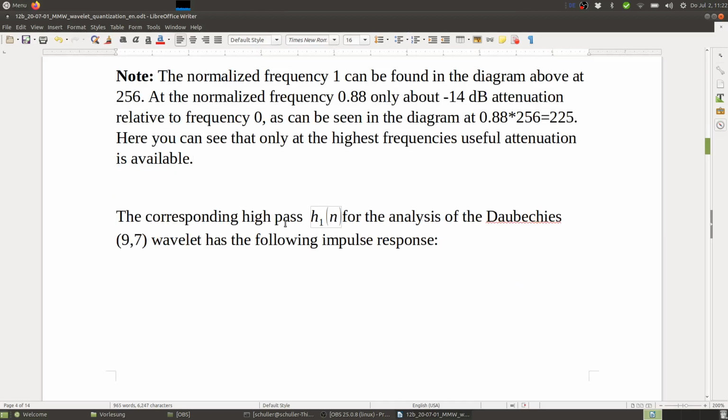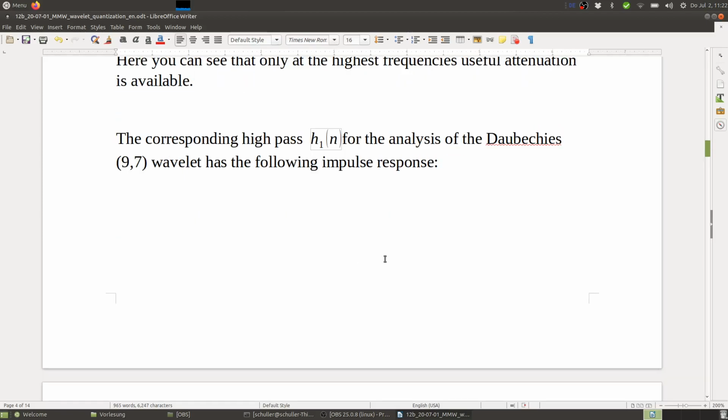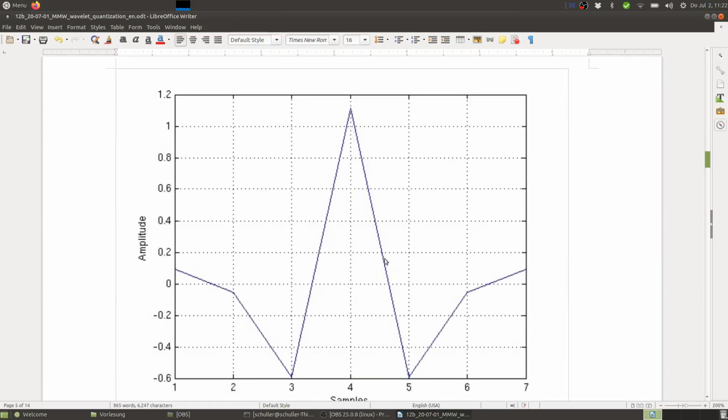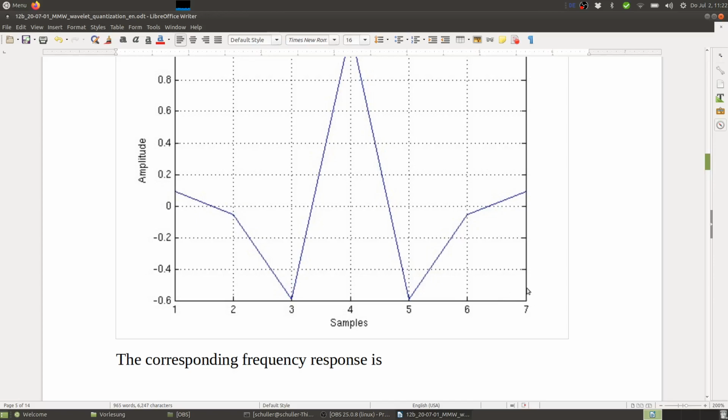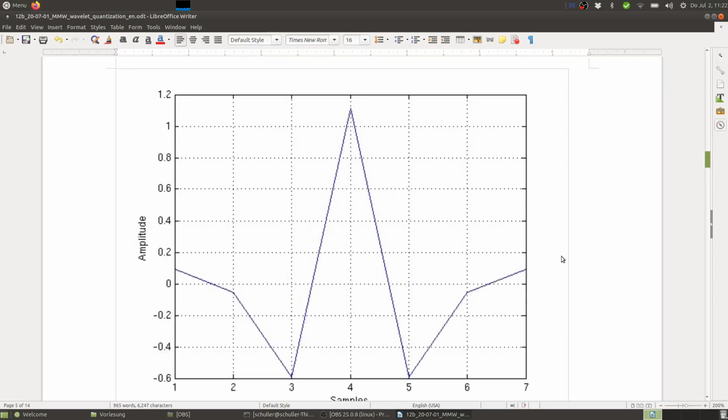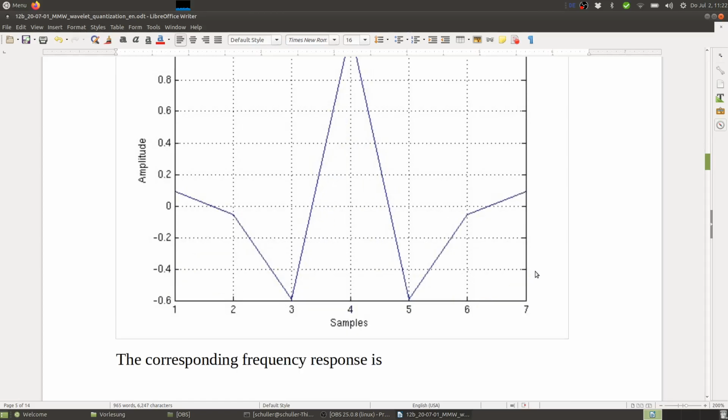Yeah, the corresponding high-pass filter, H1 for the analysis of the Daubechies filter, has this impulse response, so it has length 7. Right, remember the low pass was length 9, and here we have length 7, so that's why we get this name 9,7.